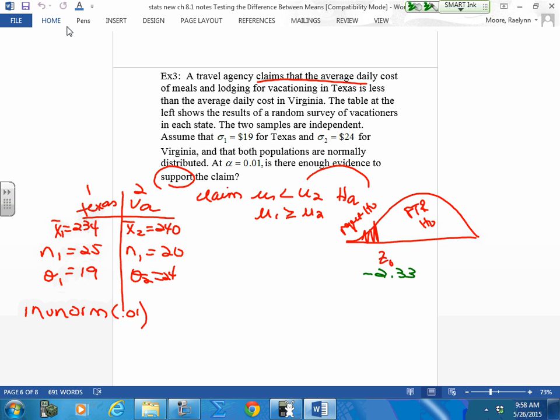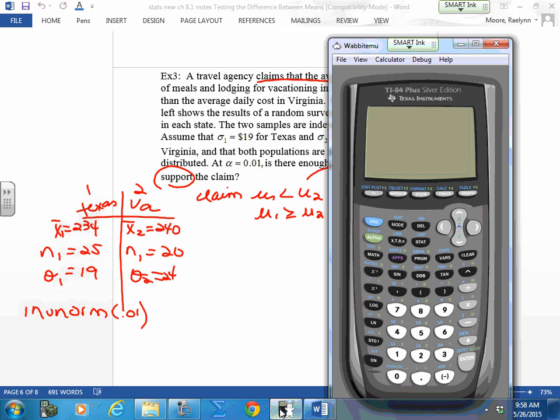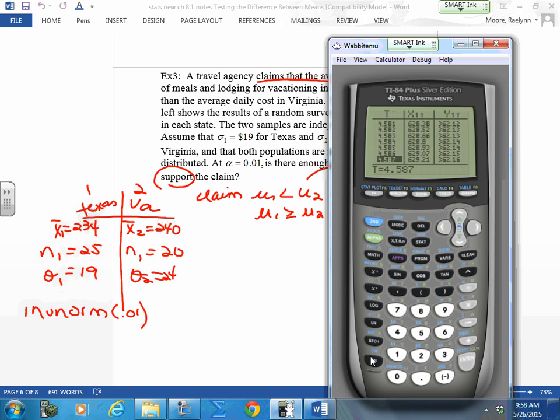We're going to your calculator for this because the formulas are a little bit involved. To find the standard deviations, you have to take them, divide by the n, then you have to square them, divide by the n, add them together, take the square root, and then plug it into your formula. So we agreed we're just going to your calculator for this. So go to stat, come to test, we've got 2 samples here, 2 sample Z test.